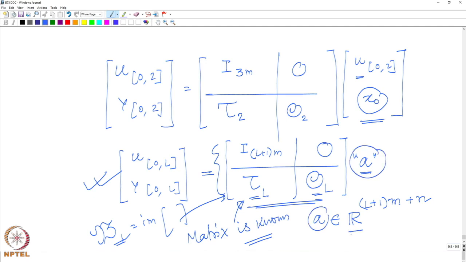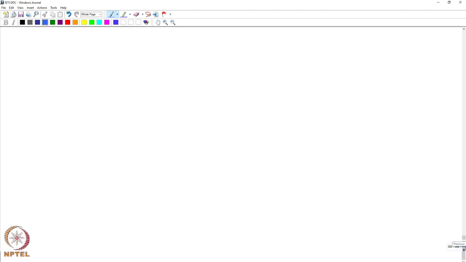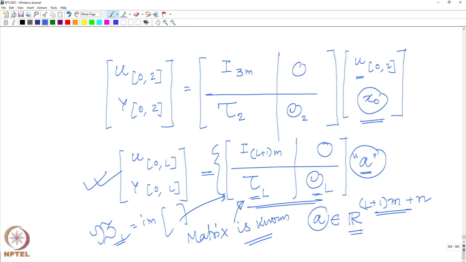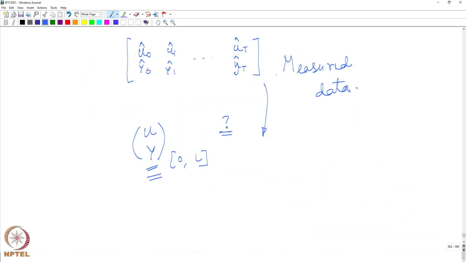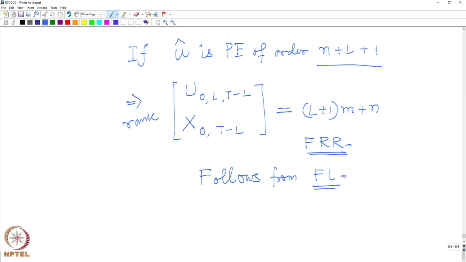This A is an arbitrary vector of this size, but notice what we had assumed: persistency of excitation. That told us if the signal is persistently exciting of order n plus L plus 1, then this matrix is full row rank. That means the image of this matrix is full.